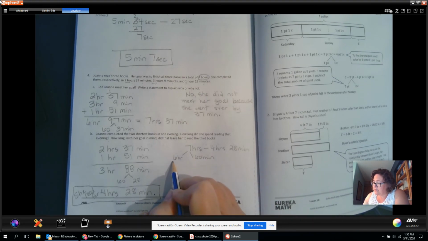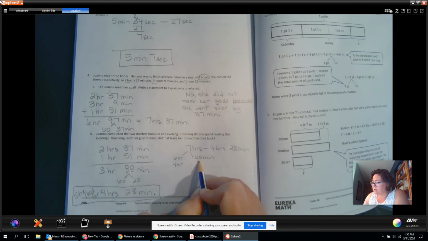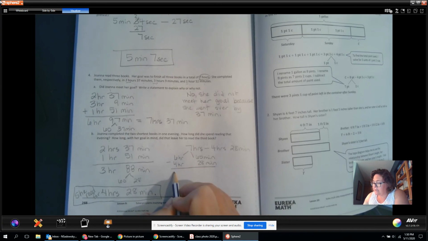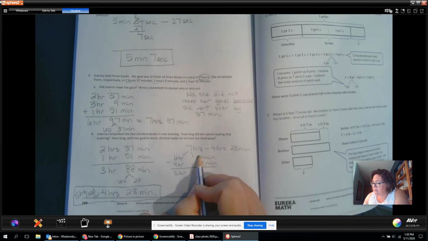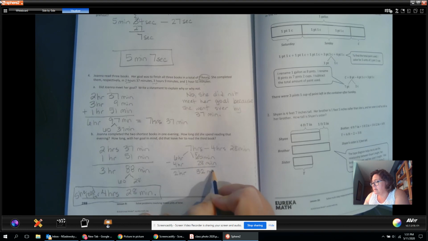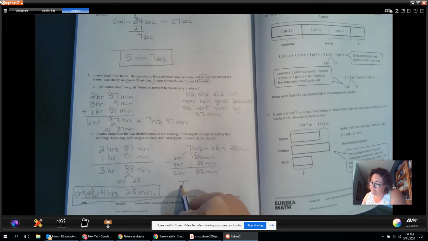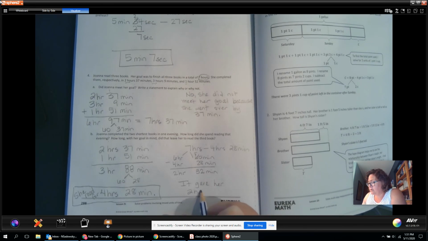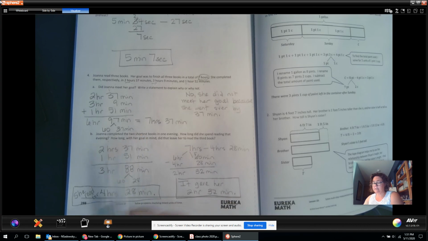So if we're going to subtract 4 hours and 28 minutes from that, we'll do our little subtraction right here. 2 hours. Can't do 0 minus 8, so we'll go next door. 10 minus 8 is 2. 5 minus 2 is 3. So it gave her 2 hours, 32 minutes. So clearly she went over because she spent 3 hours on that next book.